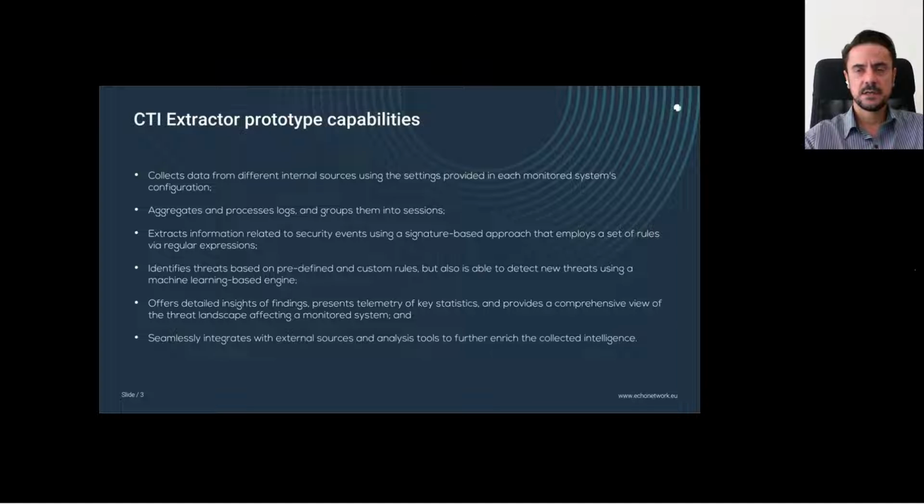It uses signatures based on regular expression rules. Some of the rules are custom made, some are predefined, but as a next step of identification and threat alerting, we also implemented a machine learning based engine.